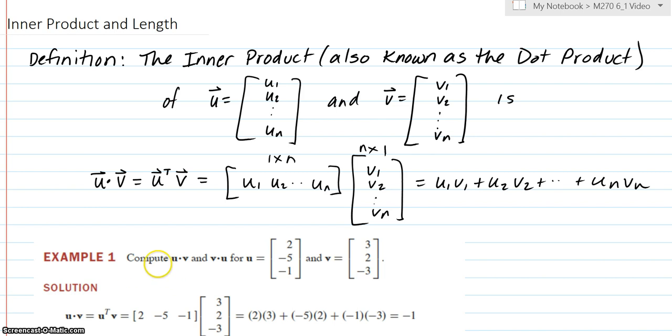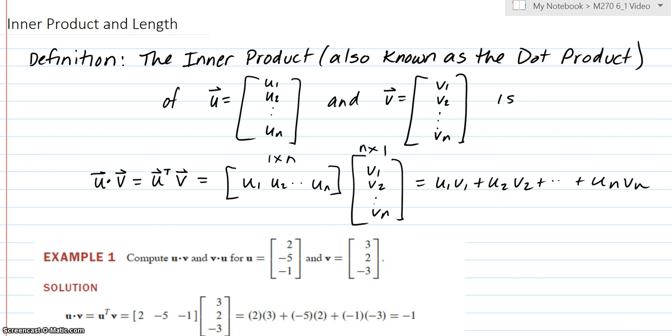Example 1 asks you to compute u dot v. So here's u dot v, and by definition we just write u transpose times v. So the transpose of u, this column is just going to be a row, and we multiply these together, so we get 2 times 3 plus negative 5 times 2 plus negative 1 times negative 3, which is negative 1.